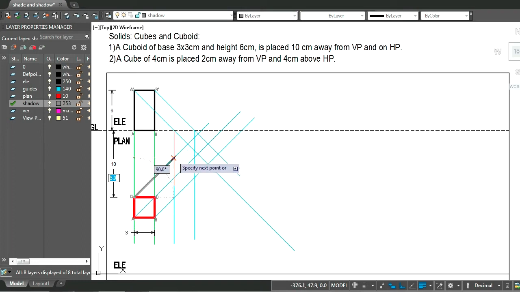So from here it comes out straight, this way is down and then loops back to B. So you see B dash and B intersect and reach here. Okay, so this is the shadow of the cuboid.